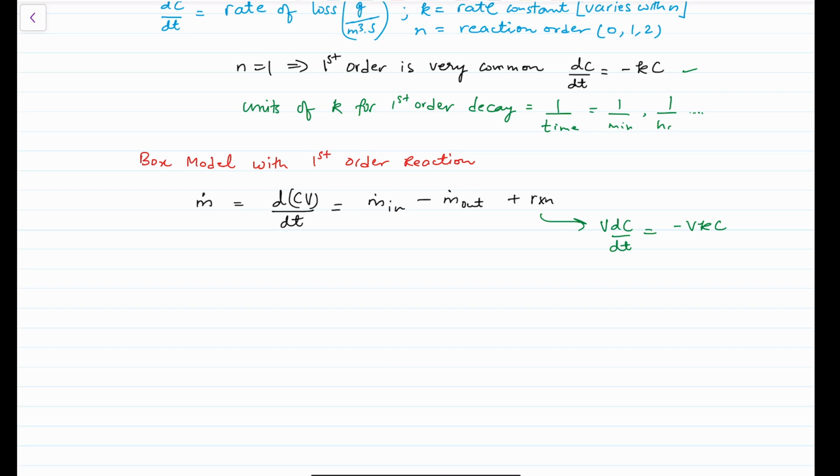So now if we look at what our equation is, it would be m dot equals Q C in minus QC, I forgot to add the emission term here, plus E and minus kCV. And the C is the concentration inside the reactor or inside the box in this case.